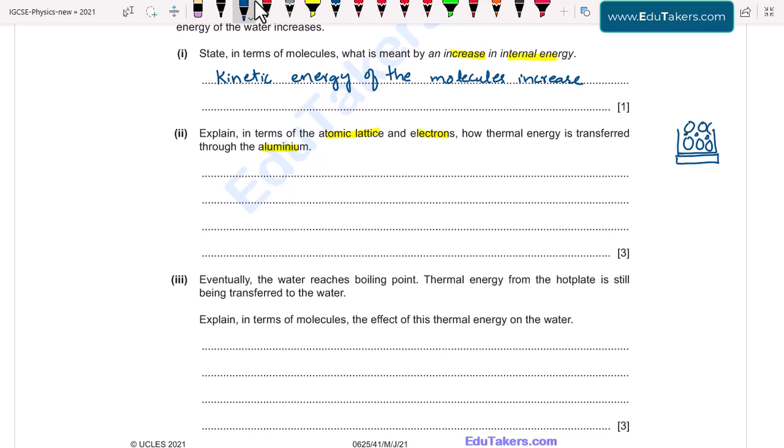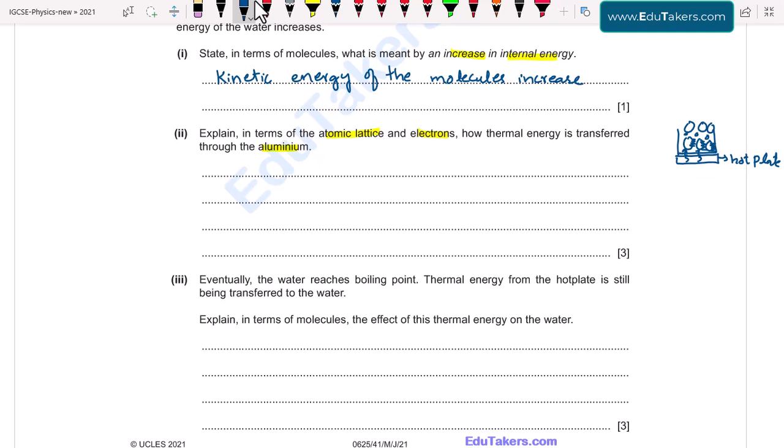So the atoms that are very close to the hot plate, they vibrate very fast. Why do they vibrate? Because they gain thermal energy from the plate. Because here the plate is hot, its energy is transferred and this energy is absorbed by the atoms that are very close to it.